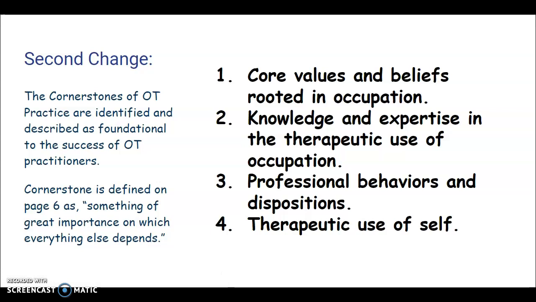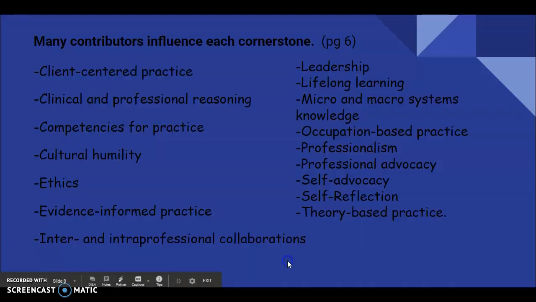So these 4 cornerstones are listed as 1, the core values and beliefs rooted in occupation, 2, knowledge and expertise in the therapeutic use of occupation, 3, professional behaviors and dispositions, and 4, therapeutic use of self. On page 6, they go on to describe that there are many contributors that influence each cornerstone, and these are listed here.